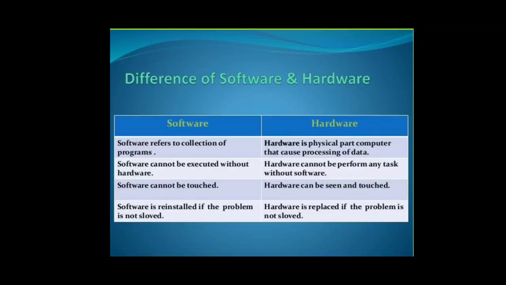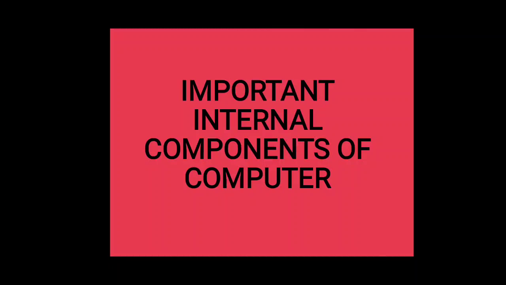Okay. In the next heading, we are going to see some important internal components of the computer. We have many hardware devices like keyboard, mouse, printer, monitor, etc. But we have some other devices also that we are going to deal with in this lesson.